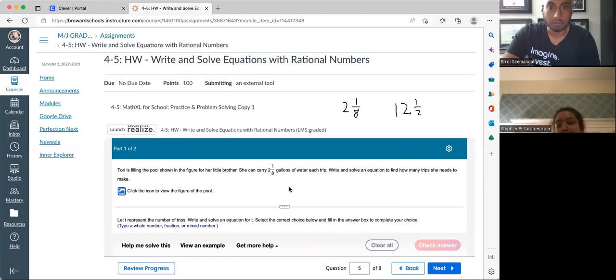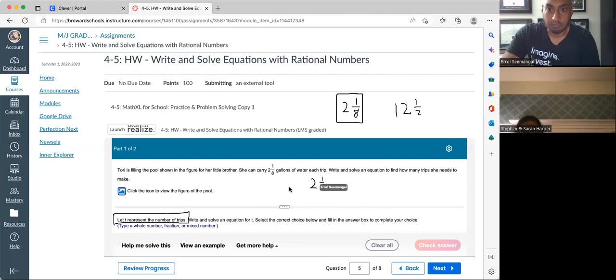So remember this right here. Let t represent the number of trips. Every one trip is this much. So we're gonna use one trip, 2 1/8 times t equals what?